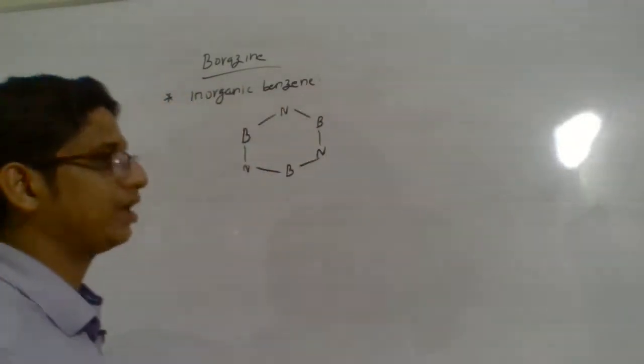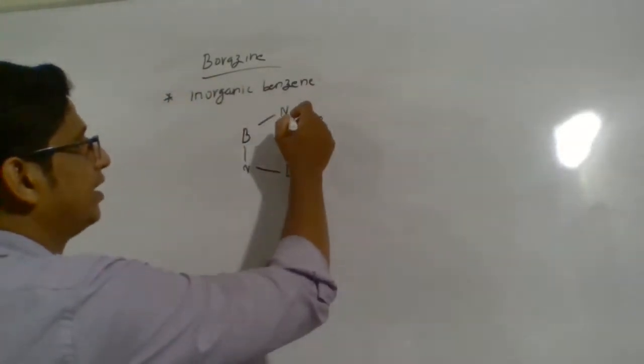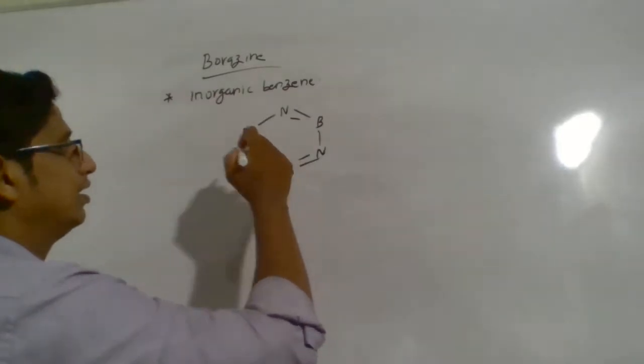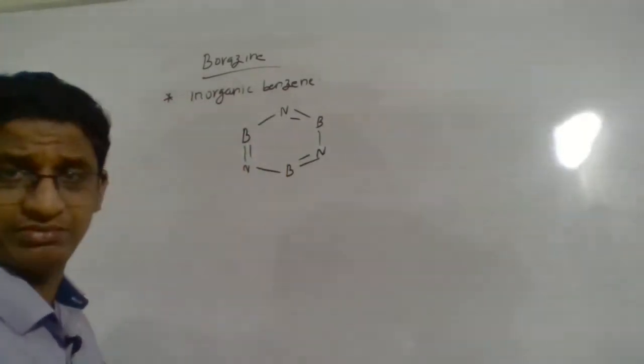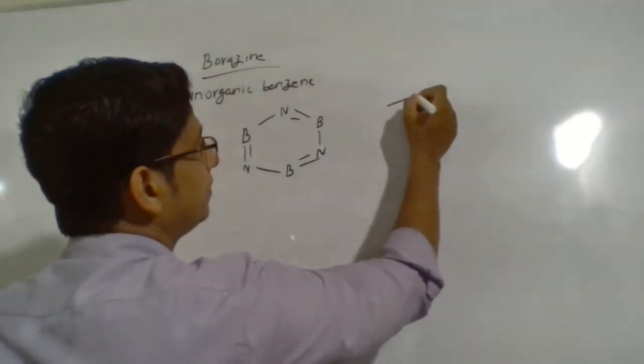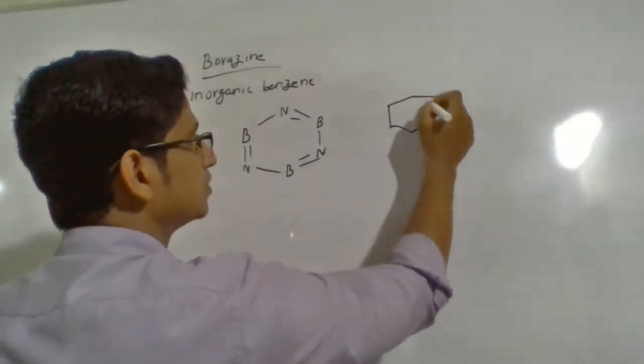You can see alternating boron and nitrogen atoms and alternating single and double bonds. That is very much similar to benzene, which we draw like this.